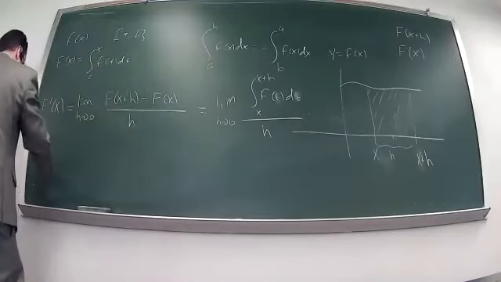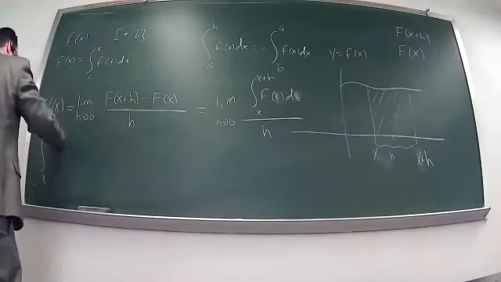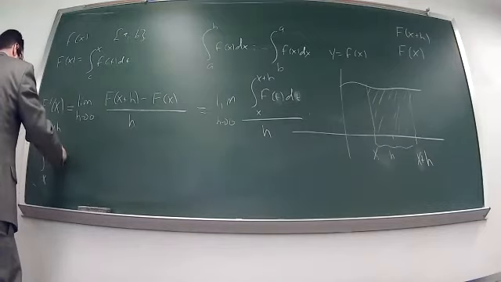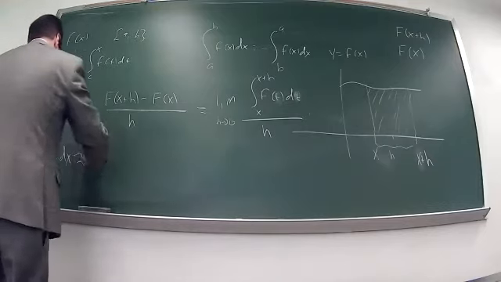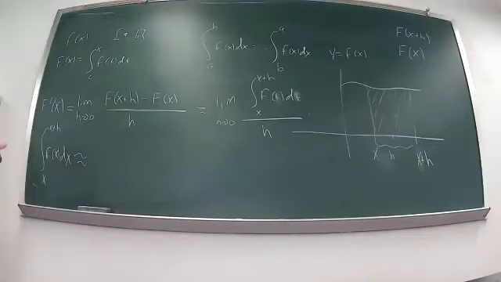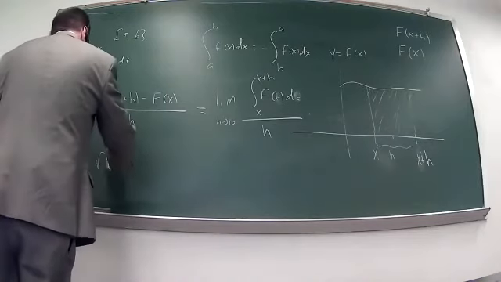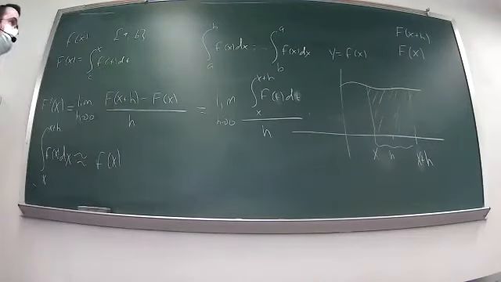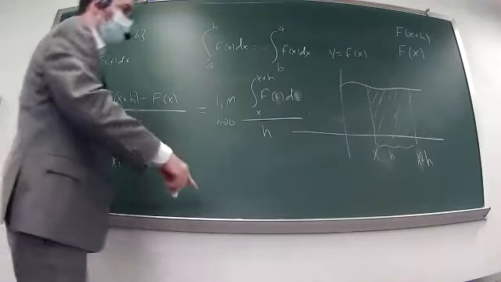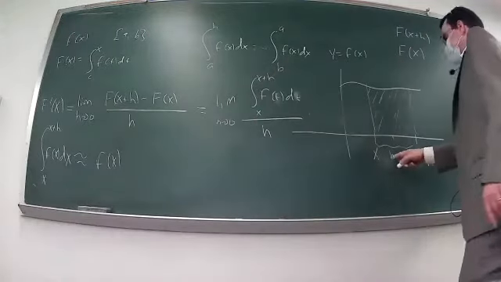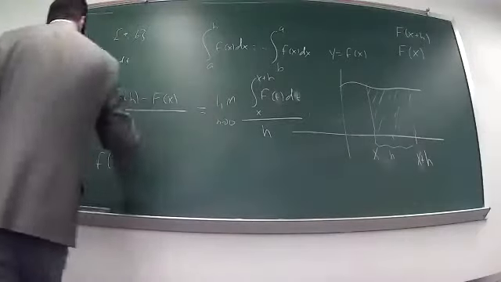This signed area under the curve from x to x plus h is reasonably approximated by just taking a left endpoint as the height and then using the length of the subinterval, which is h, as the base.